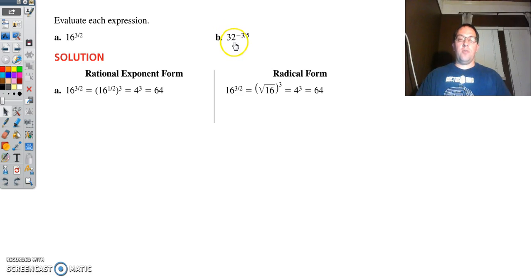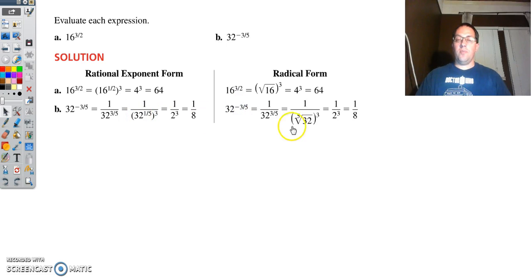So B, we have 32 to the negative 3/5. So first we're going to take care of that negative right there. And so it's going to be 1 over 32 to the positive 3/5. Well, that fifth, that's 32 to the 1/5 times 3. Or if you prefer, that is the 5th root of 32.